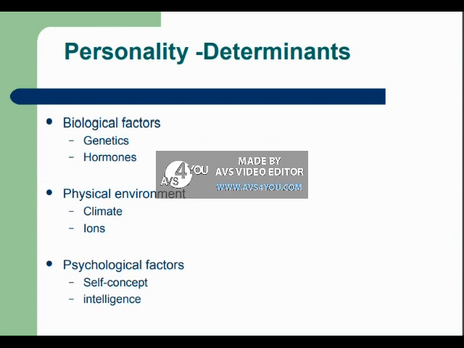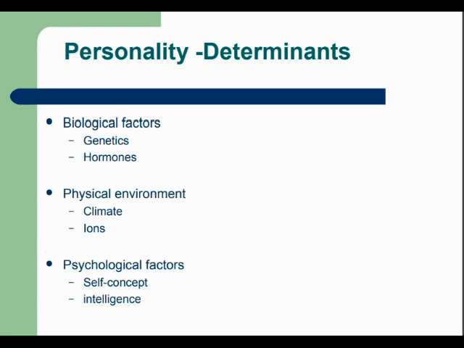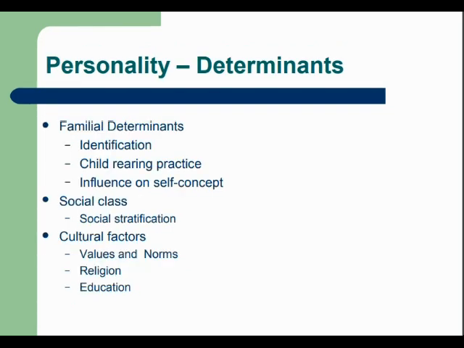Personality determinants. Biological factors: genetics, hormones. Physical environment: climate, ions. Psychological factors: self-concept, intelligence. Personality determinants.